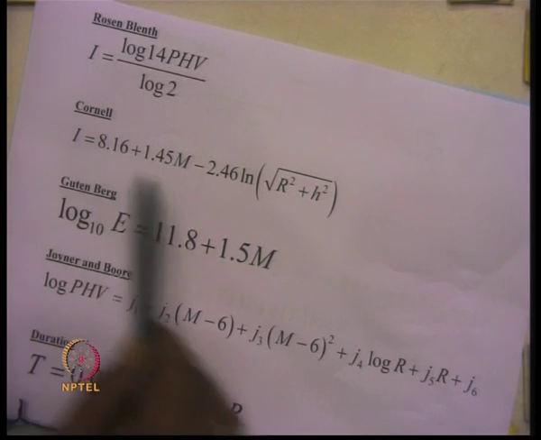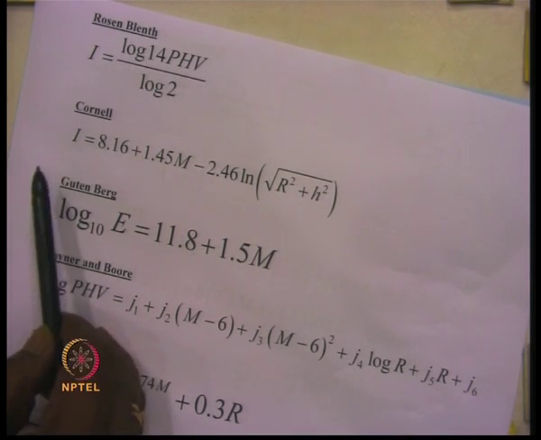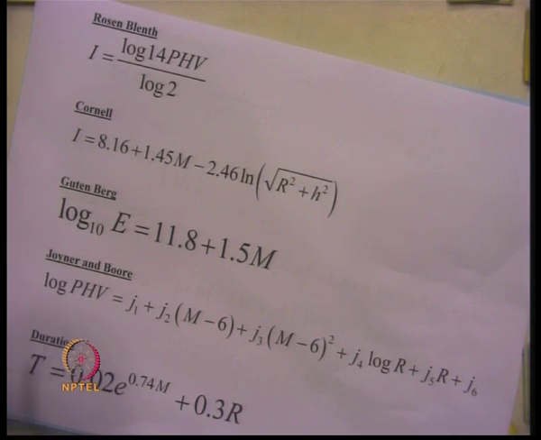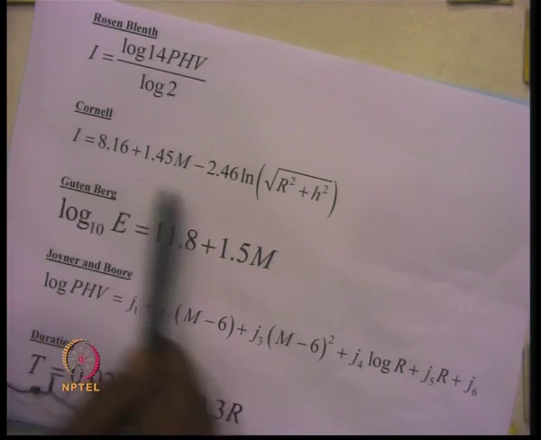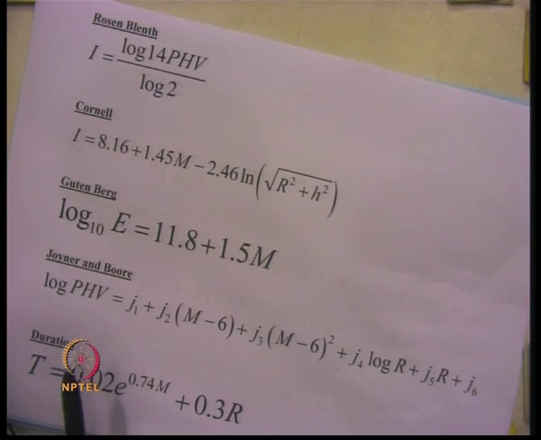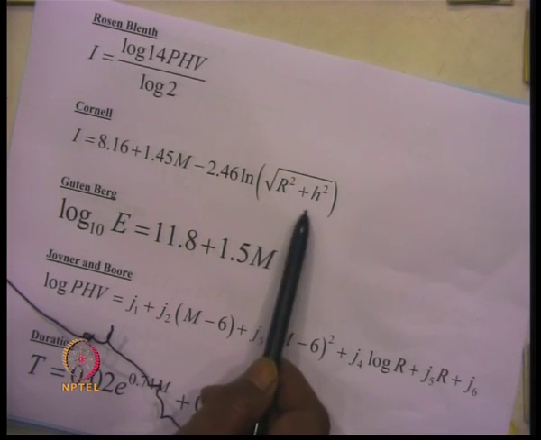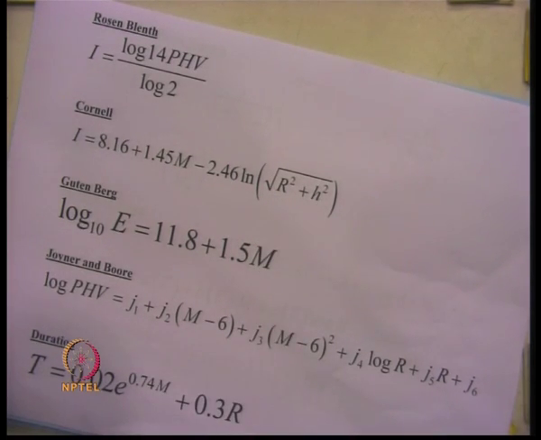But from the recorded data of the earthquake and the kinds of damages and destructions that were observed, the people have tried to equate I with m using this particular equation, and this Cornell's equation is widely used in relating I with m, where r is the epicentral distance and h is the focal depth.